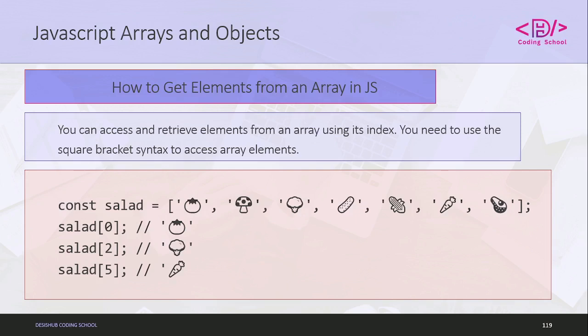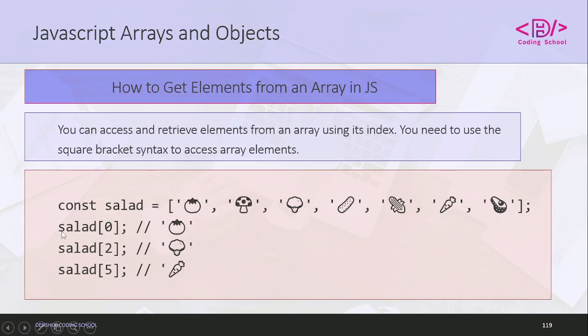So the easiest way to access an element in an array is using its index. Remember, we know the index of each item in an array. So you can imagine I have here an array called salad, and it has all these salads like the tomatoes, mushroom, carrot, avocado, and so you can access an item at a particular index using that index.